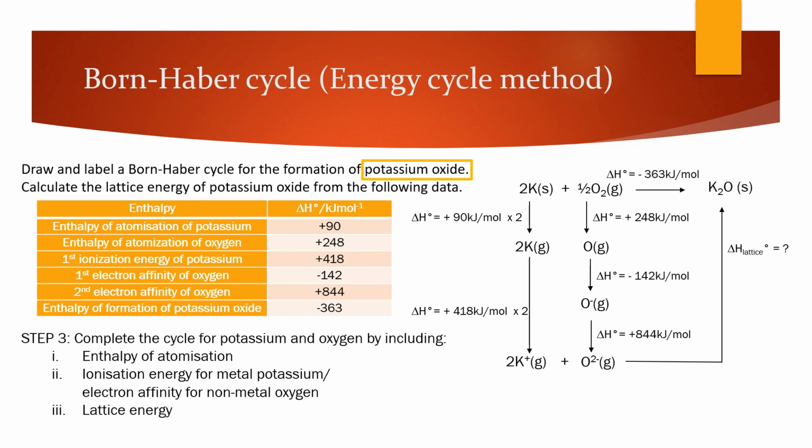What we need to do is just write the arrow to the solid ionic compound, which is K2O solid here, our potassium oxide solid, to complete the whole Born-Haber cycle.